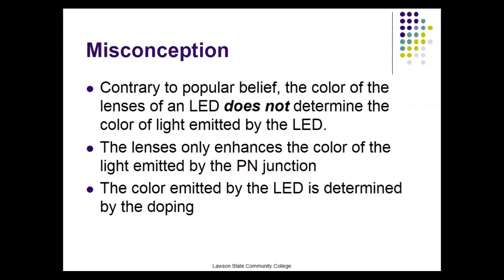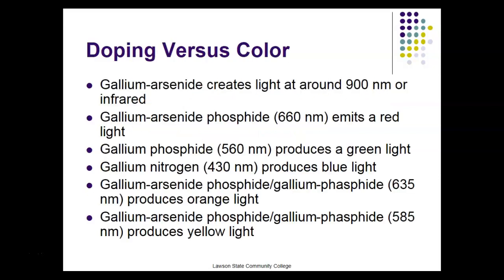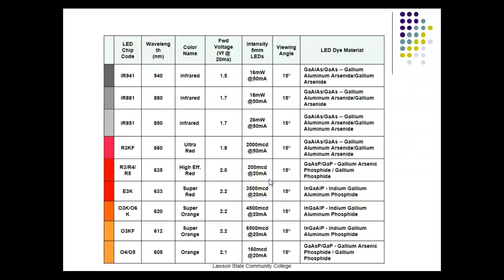And then we have, I forgot what they call them, but it only comes out one side, right? You understand? So what we dope the gallium with depends on the color, and we've got all types of colors now, guys. Gallium arsenide, gallium arsenide phosphate, gallium phosphate produces these colors, right? You understand that? Okay. So here's all the colors of LEDs we can currently get.